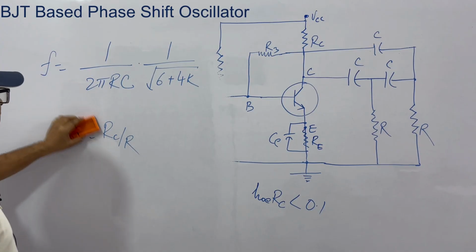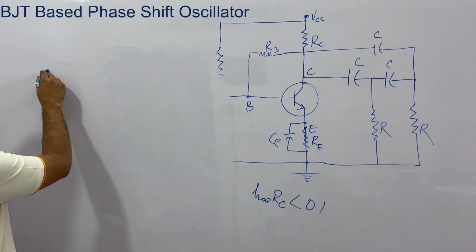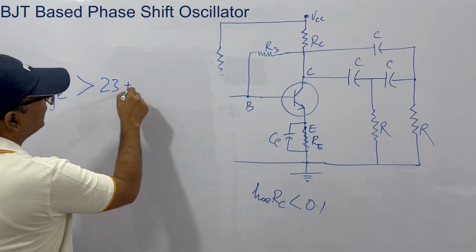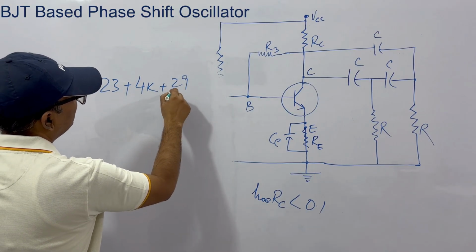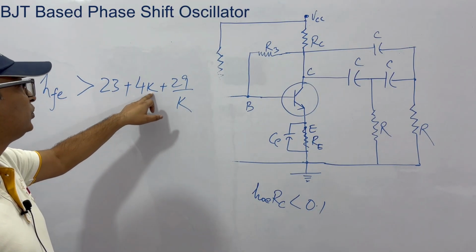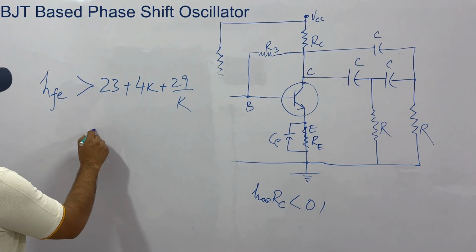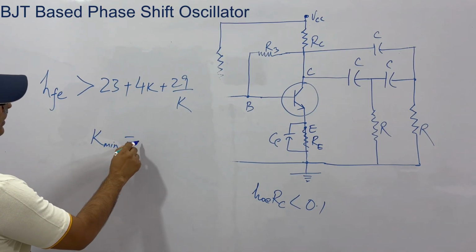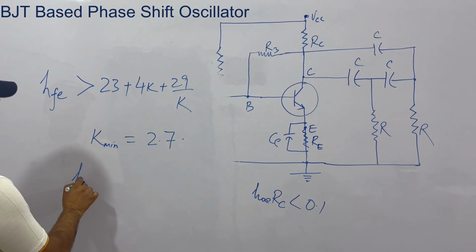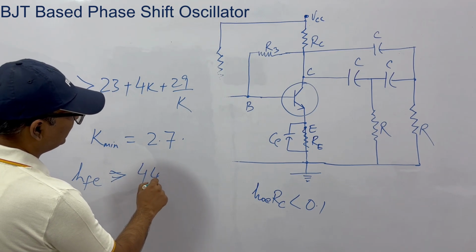The second part, for I3 by IB to exceed unity, what you need is HFE greater than 23 plus 4K plus 29 by K. You know what K is? K is RC by R. So HFE should be greater than 23 plus 4K plus 29 by K. Now the interesting thing is, the minimum value of K that you get for this circuit is actually 2.7, and based on this value, HFE should be greater than 44.5.